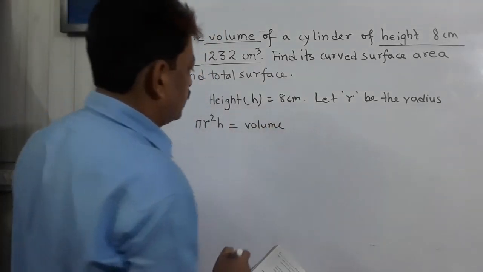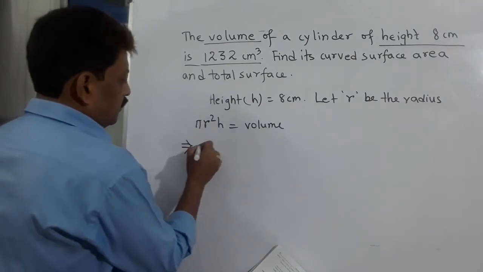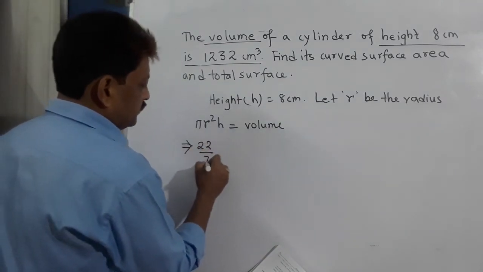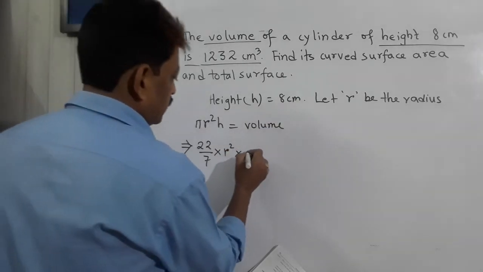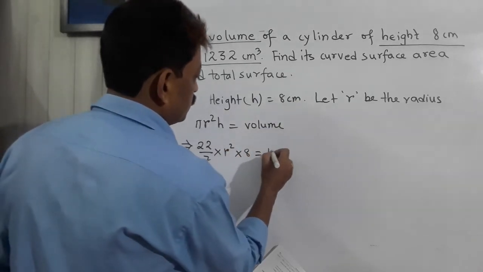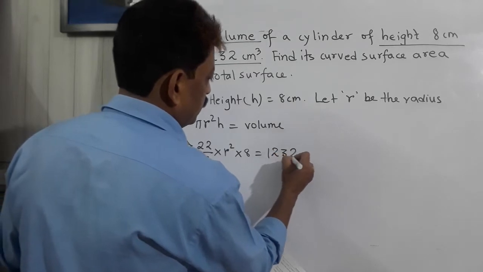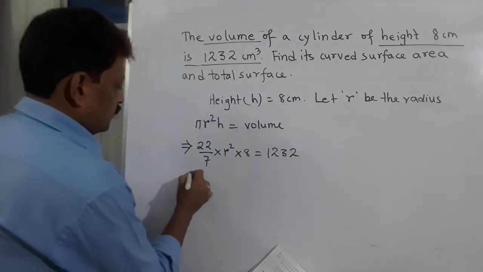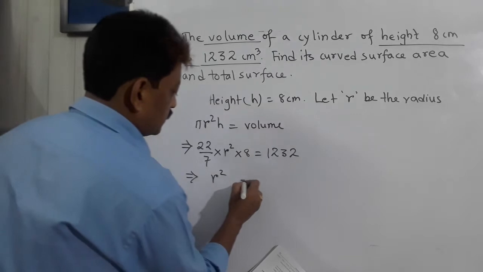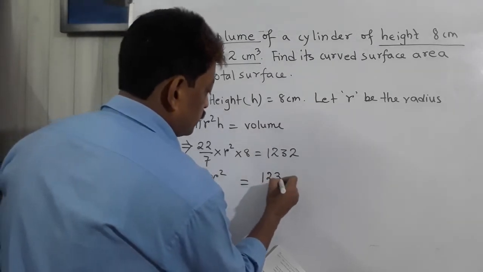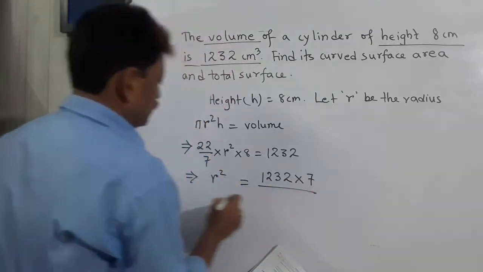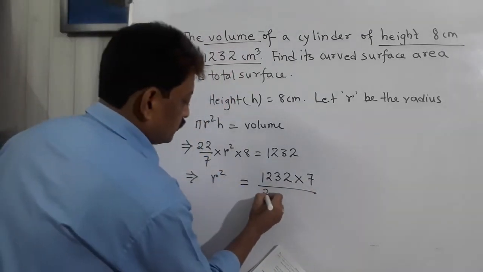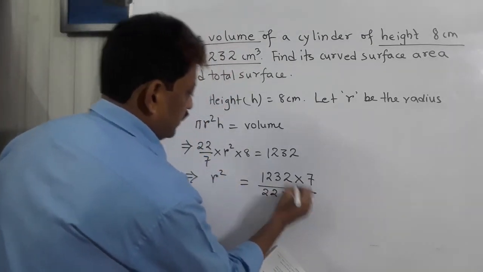So pi r square h equals to volume: 22/7, r is not known so keep it like that, h is 8 centimeter, equals to volume 1232. Therefore r square is equals to 1232 multiplied with 7 divided by 22 and 8.